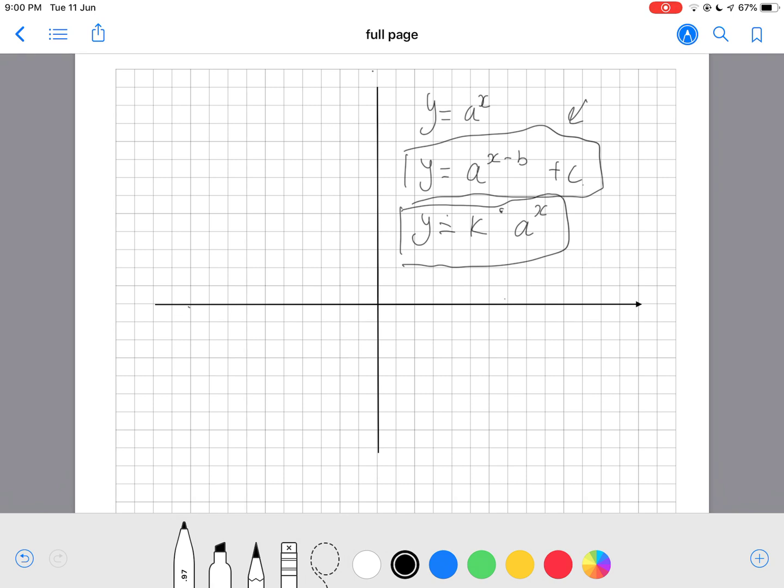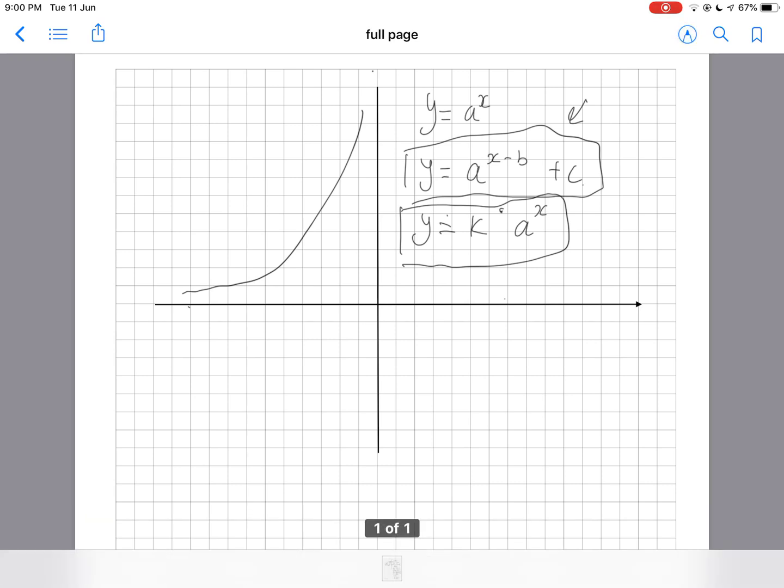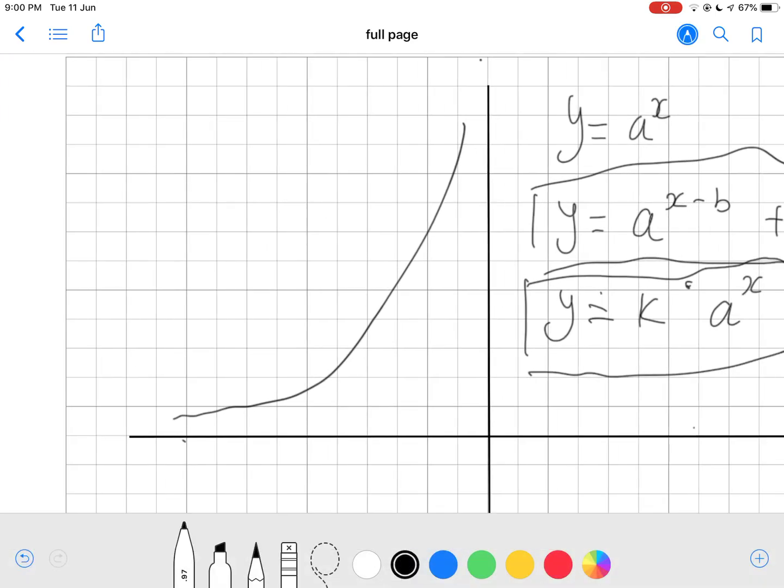We're just gonna draw an exponential. Forgive my bad drawing, but here we go. Okay, so for this, actually that doesn't work. That asymptote is 0. Try another one.